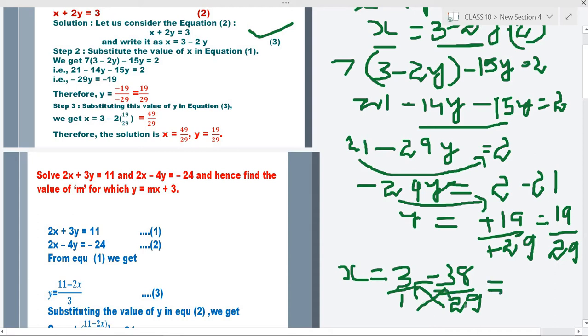When you multiply 3 with 29, then you get 87. And 38 ones are minus 38. Take 29 common.